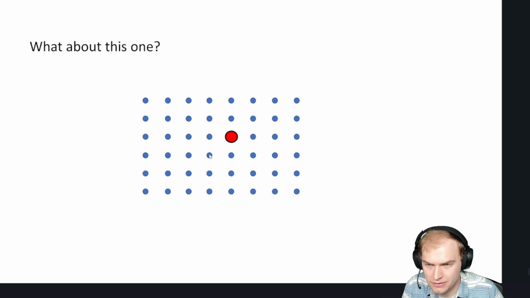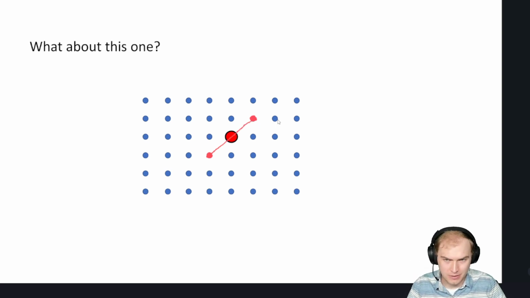Because we can draw a line with that point on the line somewhere. We can do that.